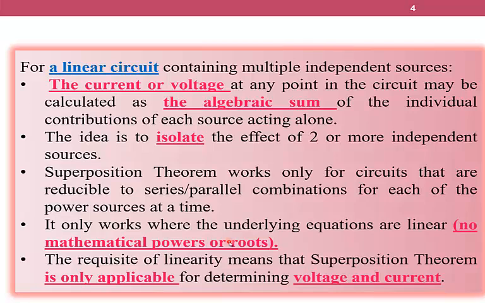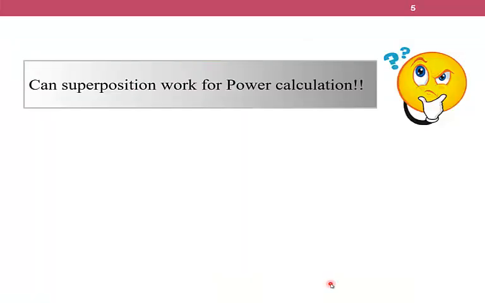Superposition applies for voltage and current, but it is not applicable for calculating powers or something which has roots. So the requisite of linearity means that the superposition theorem is applicable for determining voltage and current.